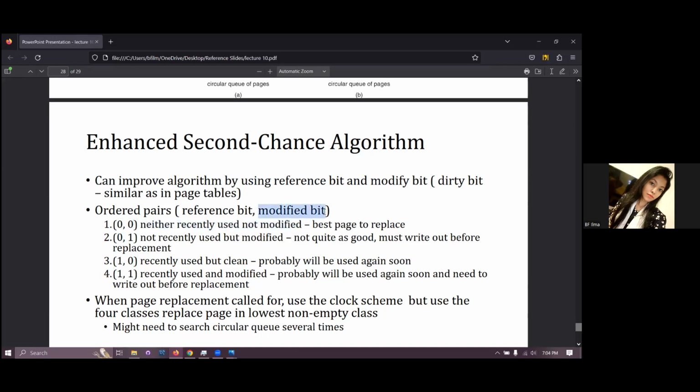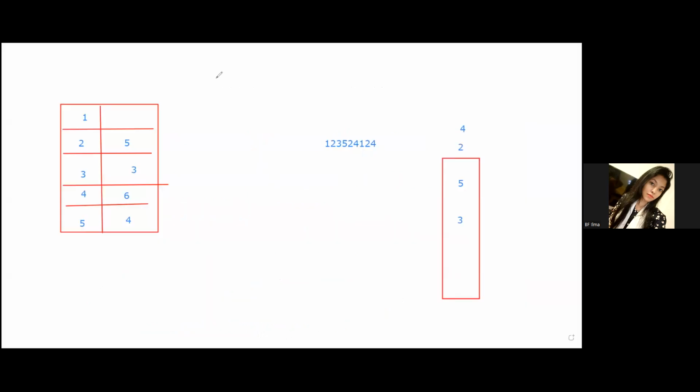The modified bit is set if we have modified the page that is in memory, so there's a difference between the page in memory and the page on disk. When we take pages from disk to memory, if a page, let's say P5, is modified after being brought into memory, then the modified bit is set to 1.